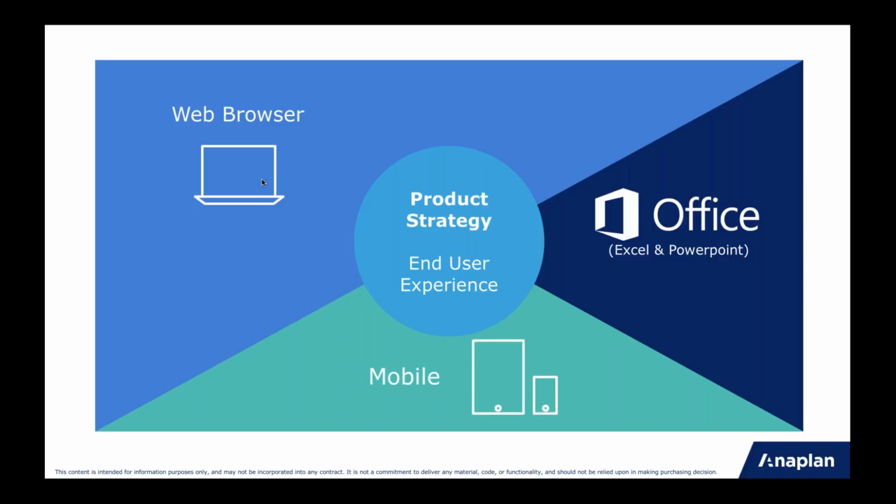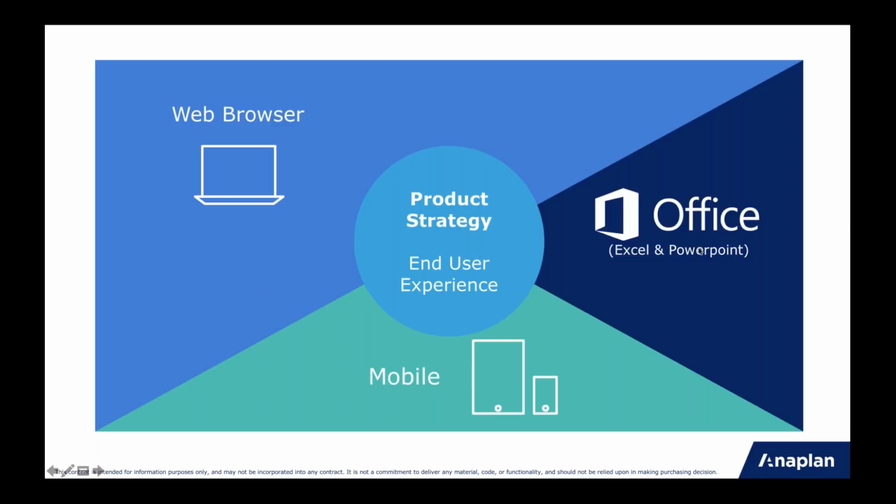We're doing a large investment in this area at the minute as part of the new user experience, which hopefully many of you will have heard about by now. This is currently in beta, and there'll be a lot more information around this, and the opportunity to try it out and build out some pages in the upcoming Connected Planning Experience event we have in a few weeks' time. So that's the web browser part.